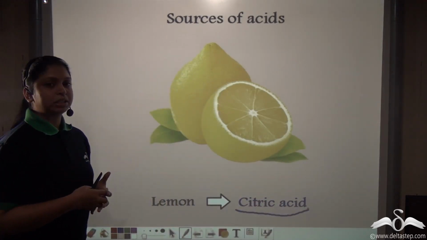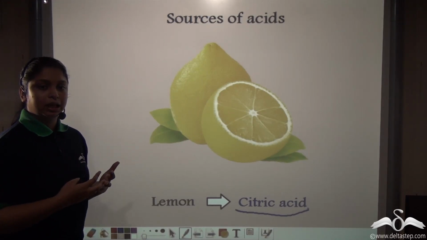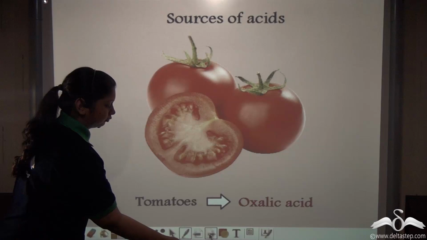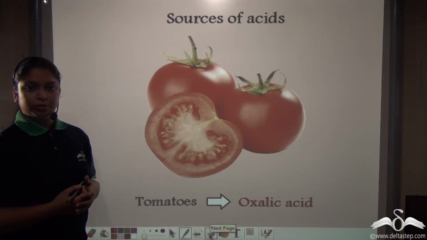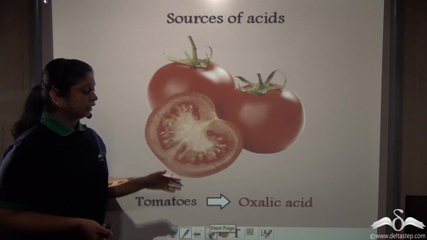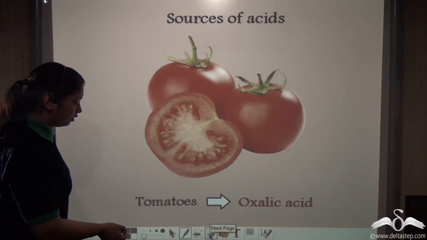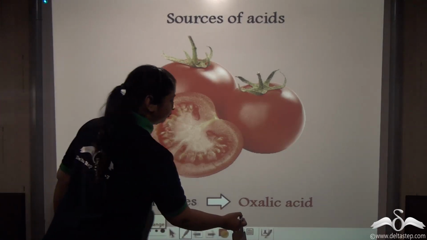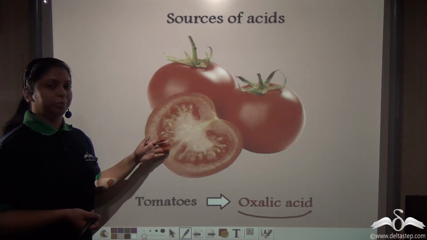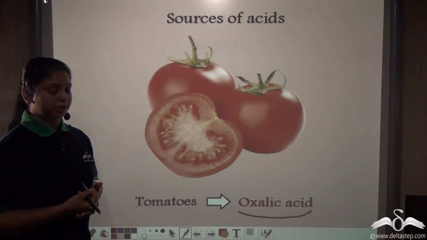So, all citrus fruits like oranges, lemons, these contain the citric acid. Now, tomatoes. Did you know that tomato even contains an acid? Yes, the name of this acid is known as oxalic acid. So, oxalic acid is present in tomatoes and many other vegetables.